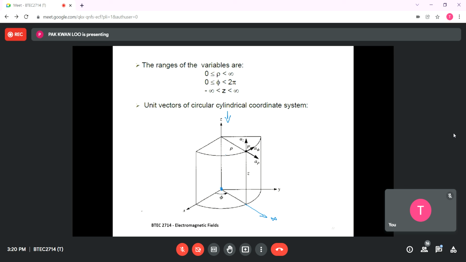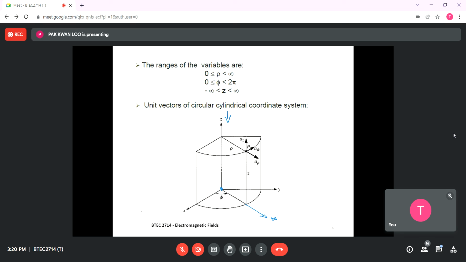Since we know that rho is the radius, the direction should be radially outwards. And phi is the rotation.